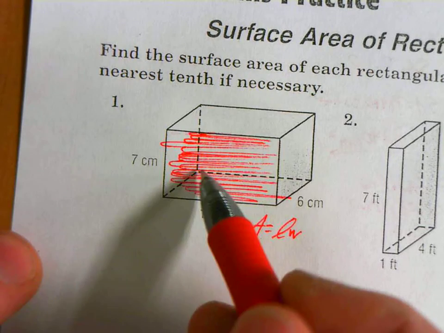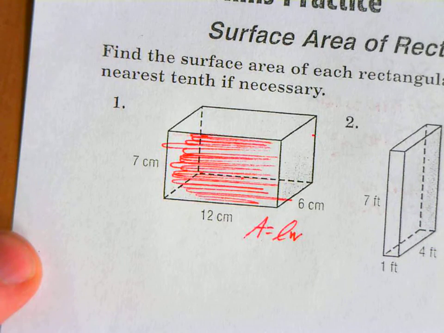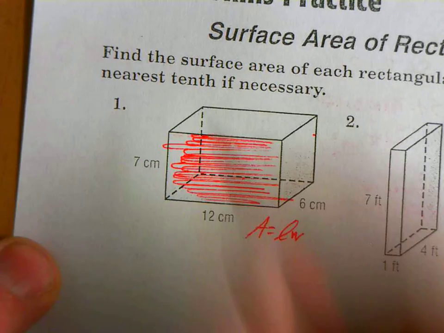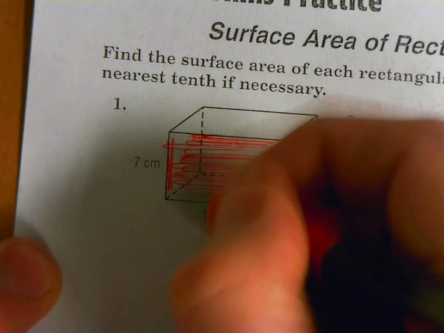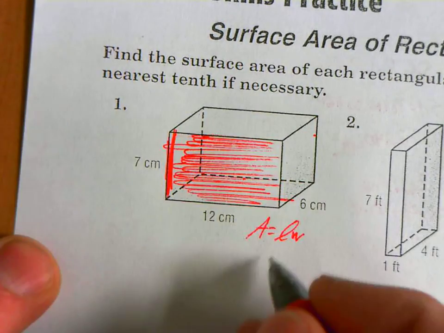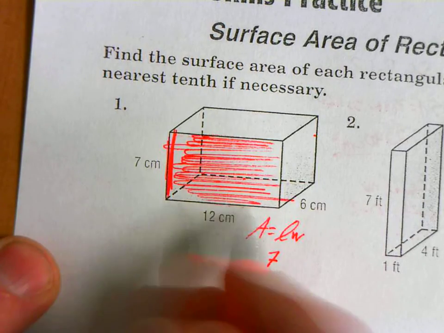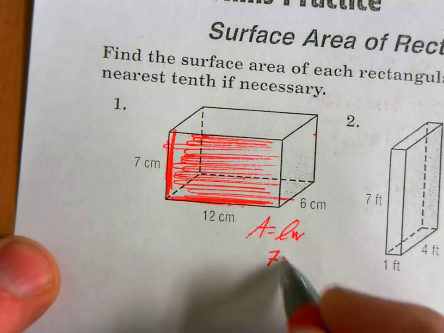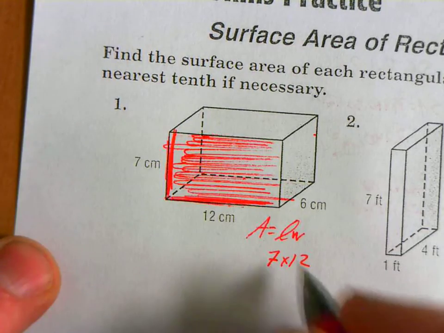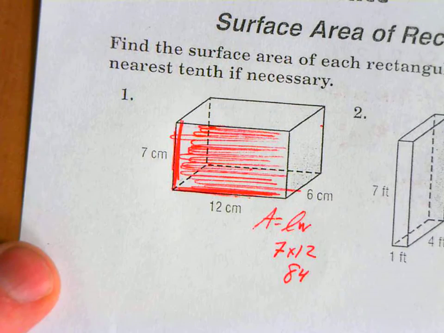It doesn't matter which rectangle you choose, because the same rectangle is on opposite sides. That makes it the prism. Thus, here's the thing we have to be careful of. How wide is this rectangle we chose in the front? 7 by 12. You take and multiply those on out. 84. We get 84.